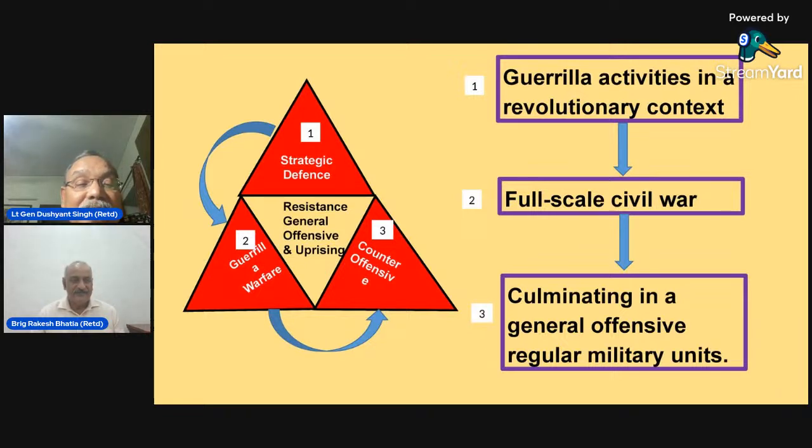If there is an asymmetric lineup, which means that one force is far more powerful than the other, you will find automatically the weaker force using guerrilla warfare. You take Russia and Ukraine, you take Israel and Hamas, so small team concepts, etc. A similar kind of setting may be required for India if there is a future war with China, even if it is a conventional war.